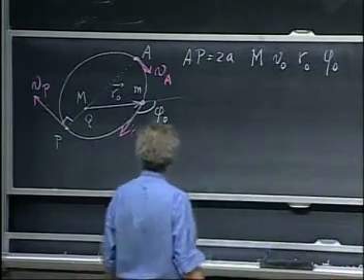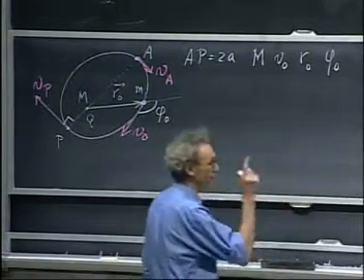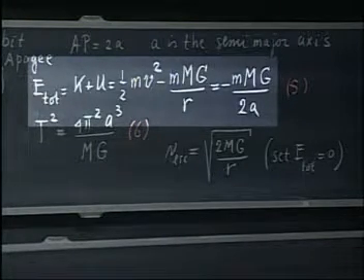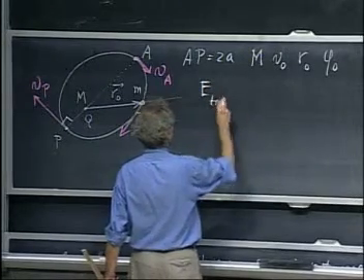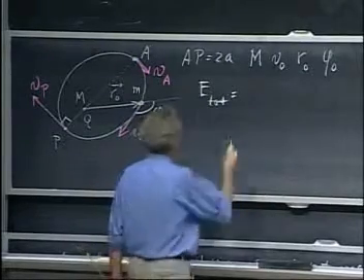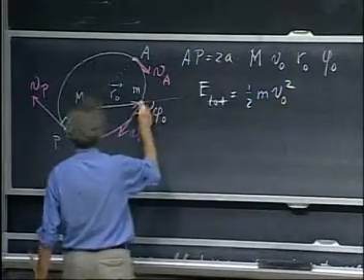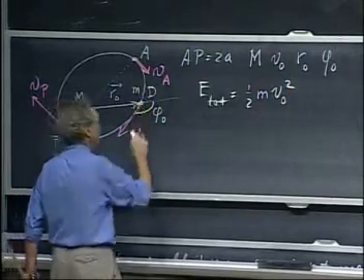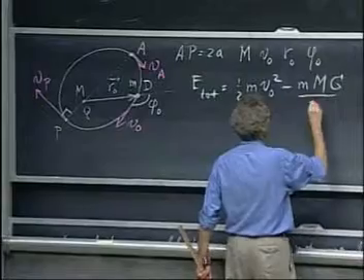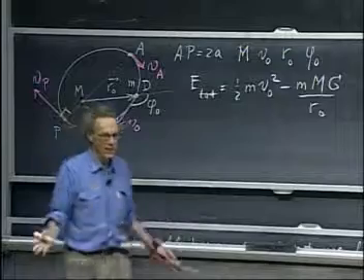A is the easiest to find, the semi-major axis. I turn to equation number 5, which is the conservation of mechanical energy. And the conservation of mechanical energy says that the total energy, the kinetic energy plus the potential energy, equals 1/2 m v0 squared, that is when the object is here at location D, minus little m, capital M, G, divided by this r0 at location D. This can never change.